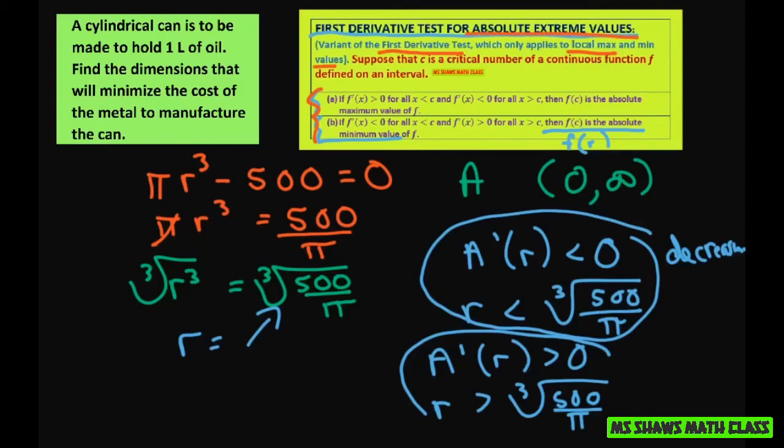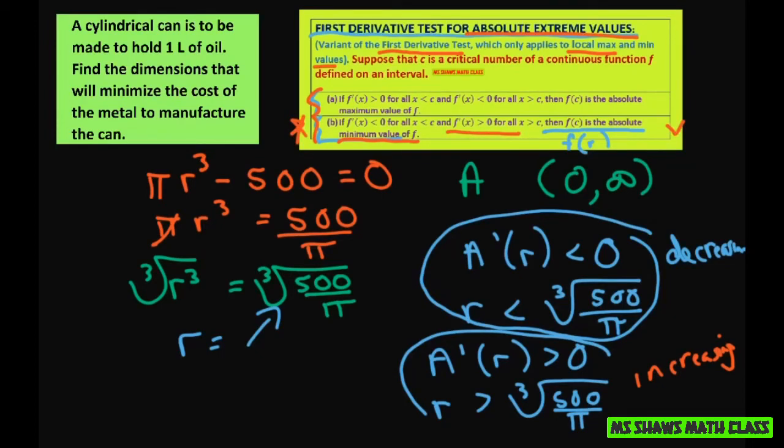It's increasing for r to the right, and decreasing for r to the left. So it's going to be an absolute minimum, because it follows this pattern.